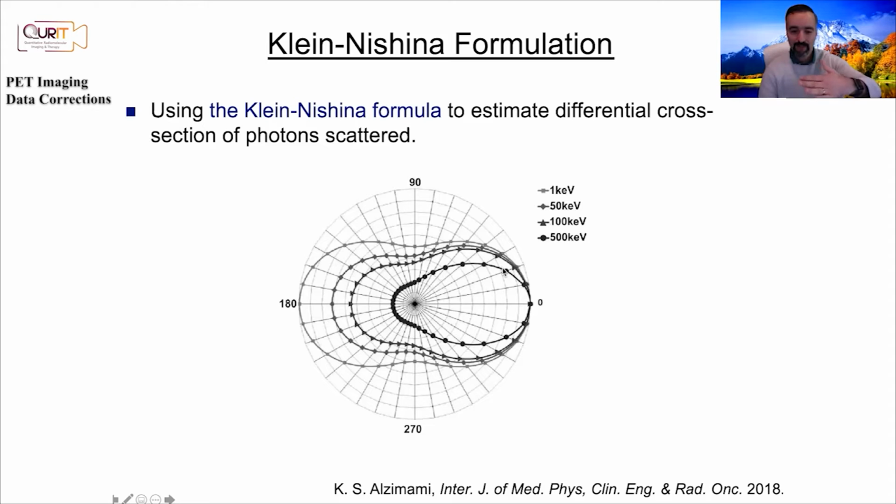But then you're gonna have a fraction of them scattered, and it becomes less and less up to here, and then slightly becomes more, so there's a possibility of going all the way 180 degrees. Whereas if you had lower energy photons, there's actually a significant probability of being deflected exactly backwards.